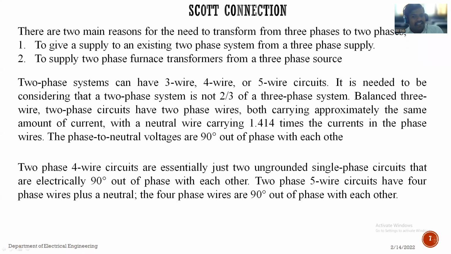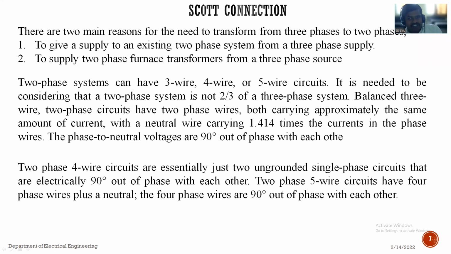We don't consider like that, because in case of a 2-phase system, we want to convert the unbalanced 3-phase wire into a 2-phase circuit only, but with 2 phases both carrying approximately the same amount of current.